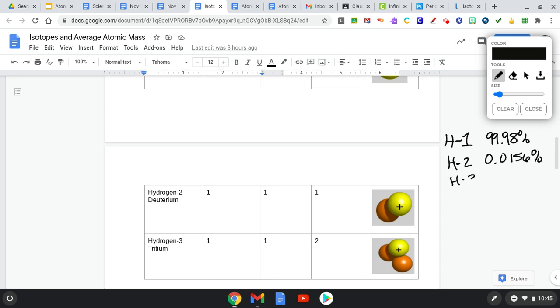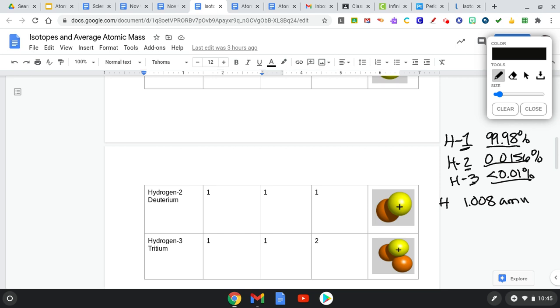And hydrogen 3 is less than 0.01%. So the idea is, they take into account the mass and the percentage when they figure out the average atomic mass. So if you looked on the periodic table for hydrogen, the atomic mass listed is 1.008 atomic mass units.